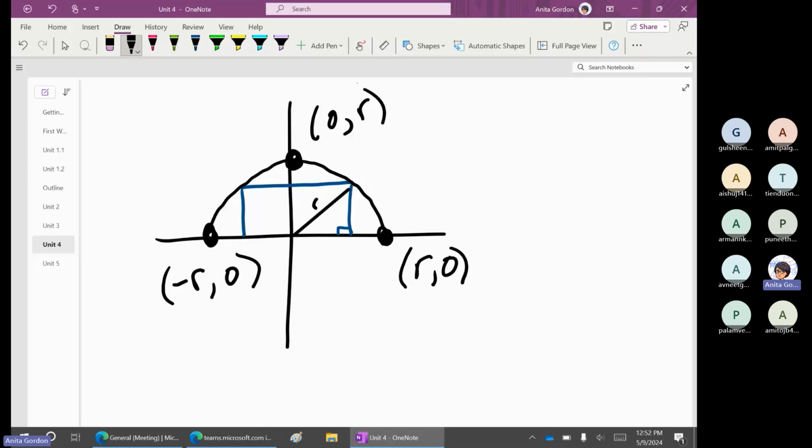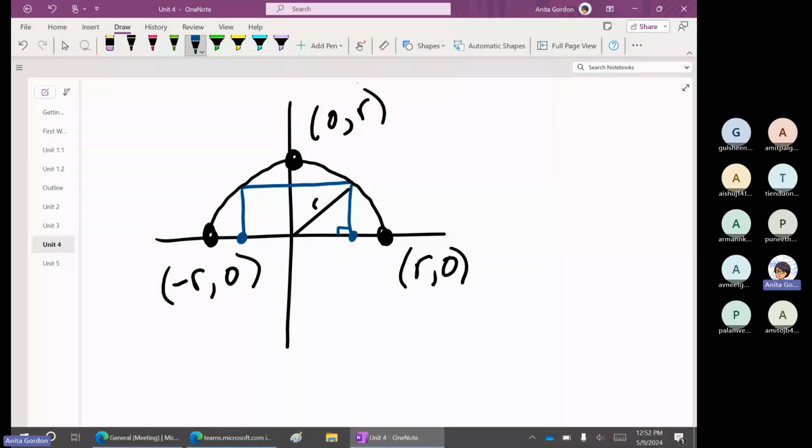These are right angle triangles, so we have some symmetry here. Think about length and width. What can you tell me about these two coordinates? They are the same. Yes.